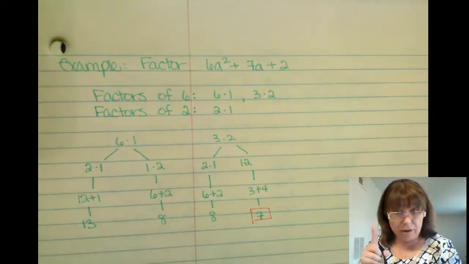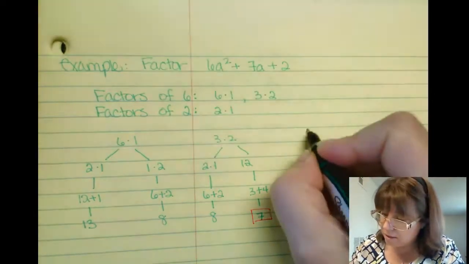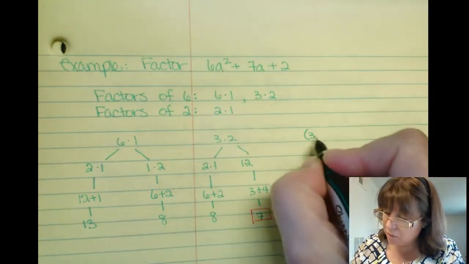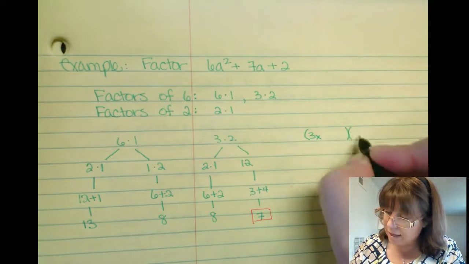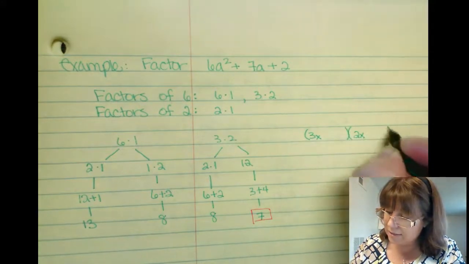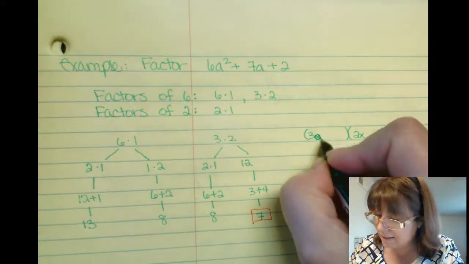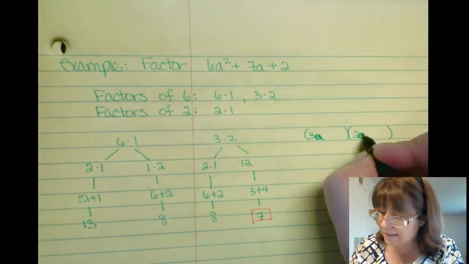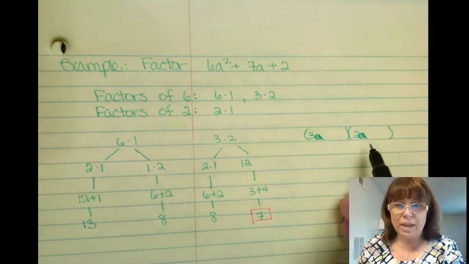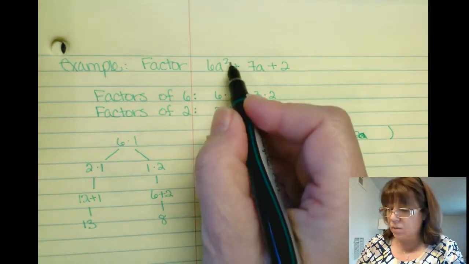So here's how I write it out. My combination is going to be 3a and 2a, that gives me back the 6a squared.